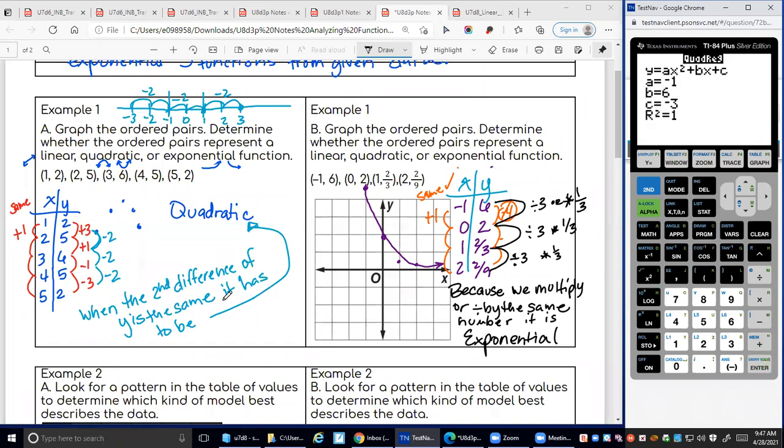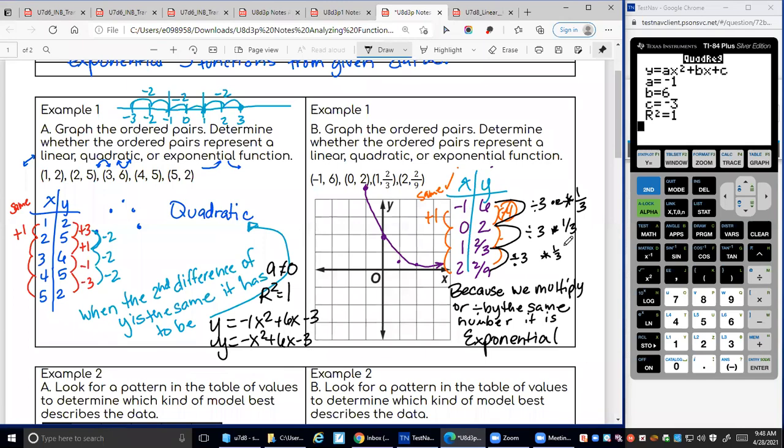And ladies and gentlemen, so long as r squared is 1, okay, and a is not equal to 0, if you got both of those, then you can use y equals -1x squared plus 6x minus 3, otherwise known as -x squared plus 6x minus 3. So this is one way you can use the calculator to help you write the equation, okay?